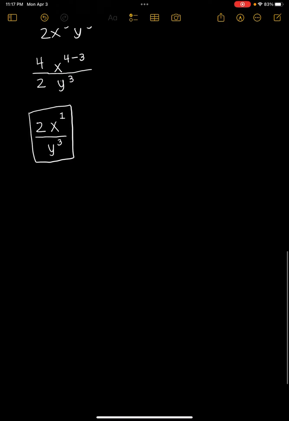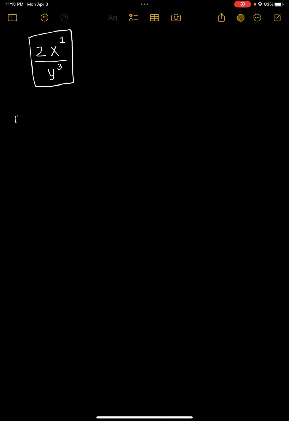Okay. Let's go through this last example, which is x cubed, y cubed over, oh, they've got a's and b's. I am going to switch that, so ignore what I just wrote.